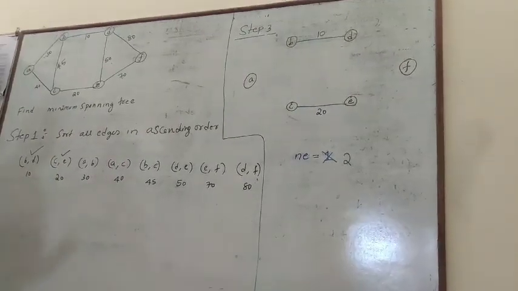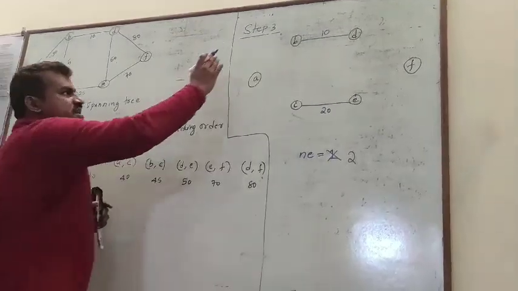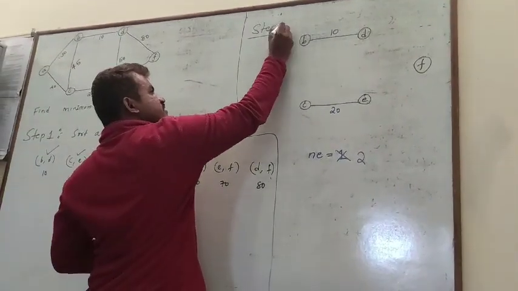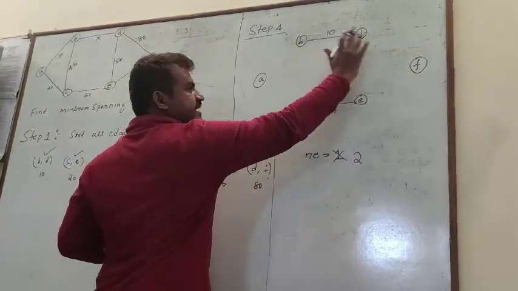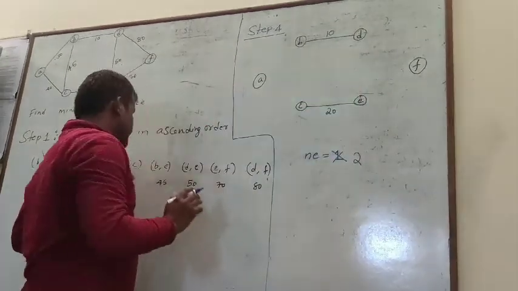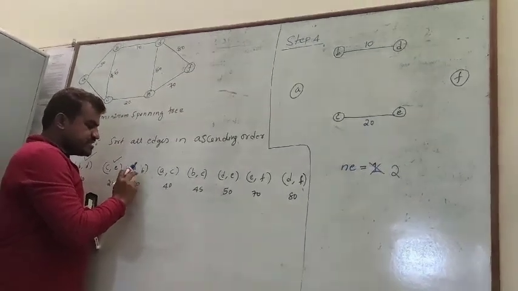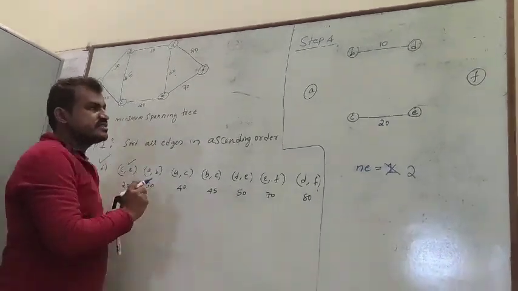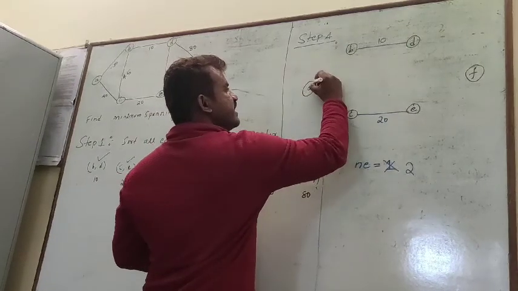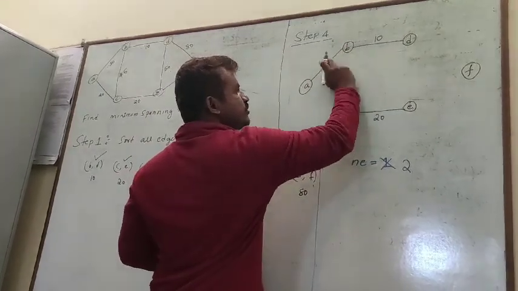Now again you select the next minimum edge in step 4. In step 4, you have to rewrite the same diagram. Then you have to pick the best edge. Best edge is A to B, that is 30. If you connect this one, you have to check whether it is going to be cyclic.